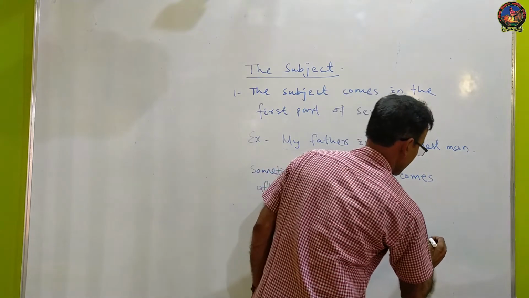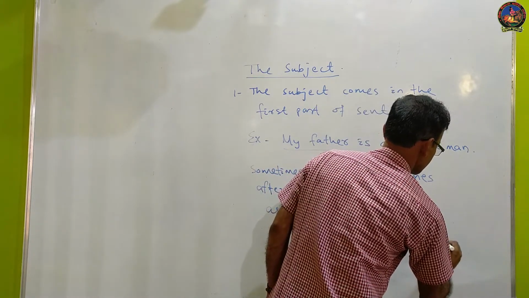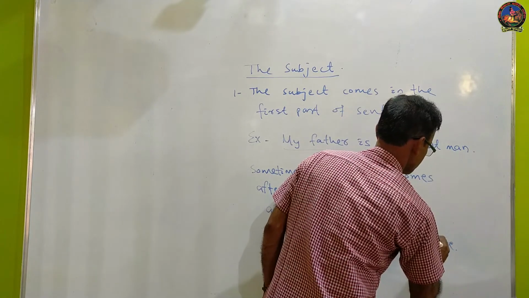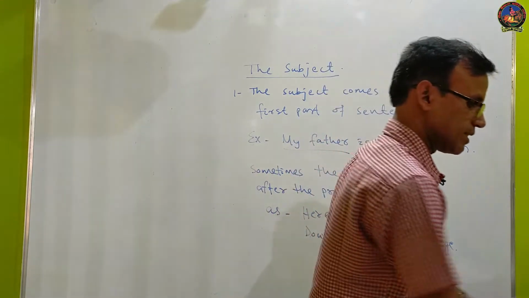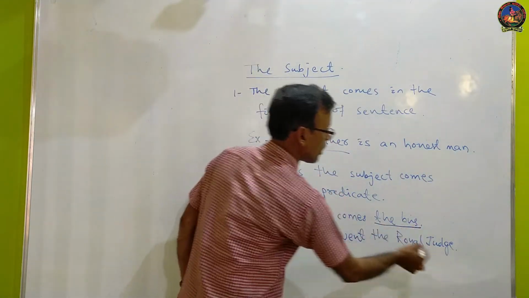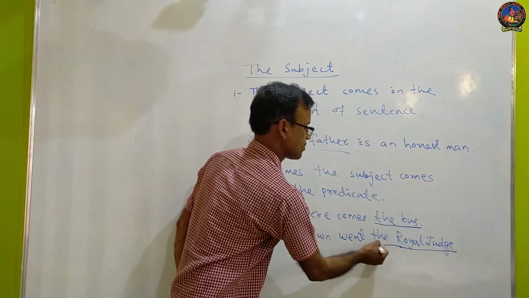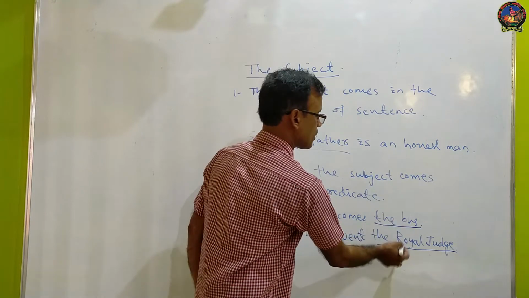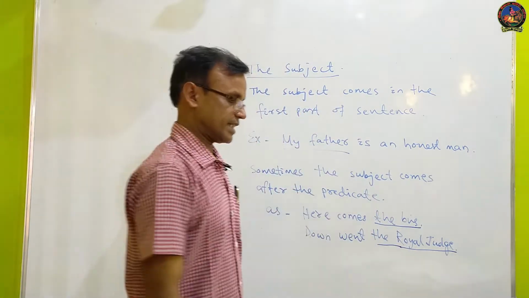Down went the royal judge. In these sentences the subject comes in the last part of the sentence. The bus and the royal judge are the subjects of these sentences.